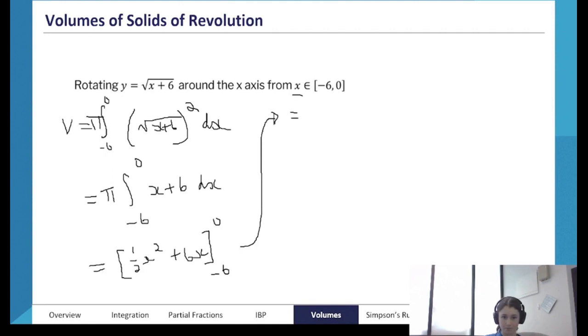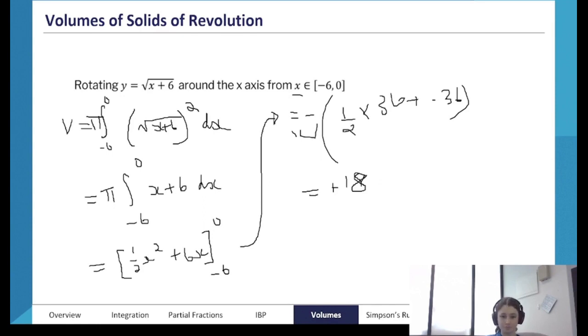So is this, of course, going to be equal to the negative of a half times 36 plus negative 36, which is going to be equal to a half of 36, which is going to be 18, negative 18, I believe, positive 18, sorry, because we had this negative out here.